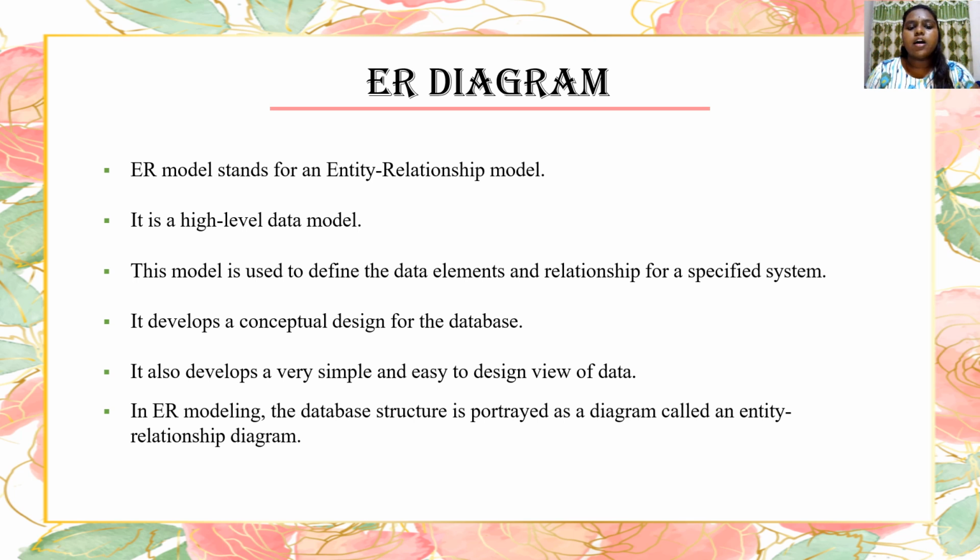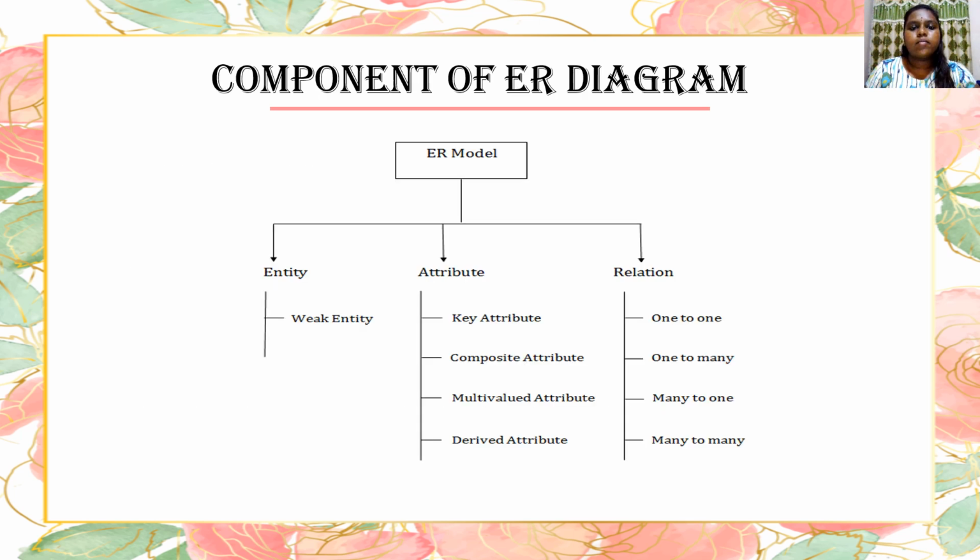It develops a conceptual design for the database. It also develops a very simple and easy to design view of data. In ER modeling, the database structure is portrayed as a diagram called an entity relationship diagram.